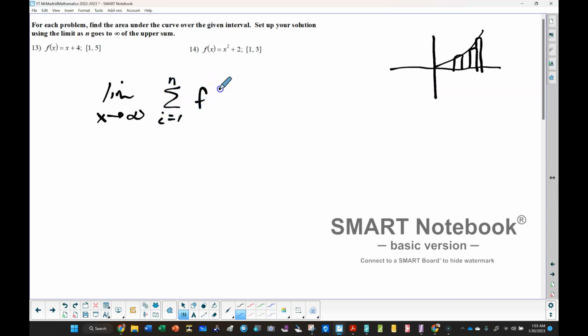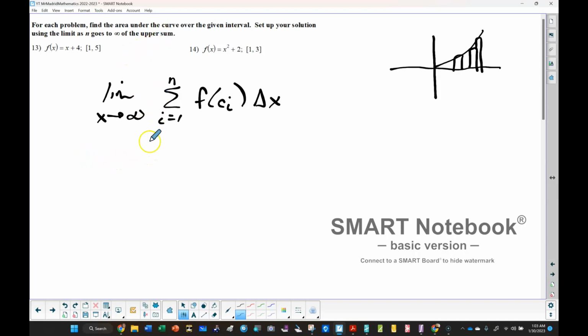The vertical distance for each of those rectangles depends on the independent value, change in x. So this is what we're looking at, and now we can apply it specifically in our case.